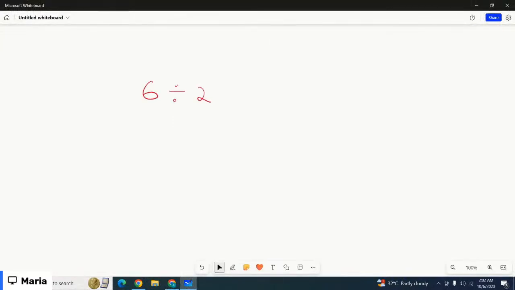6 divided by 2. How do you divide 6 by 2? You need to count a table of 2 until you get 6.